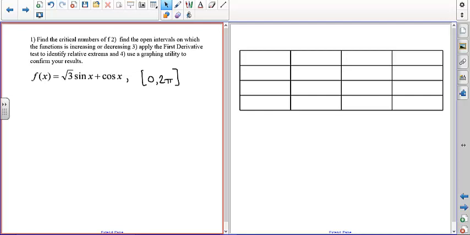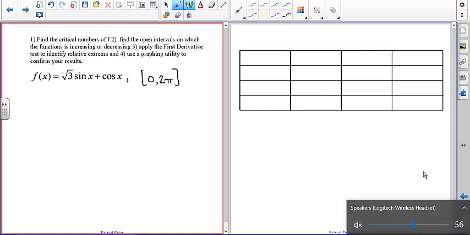So the first thing you do is to find the critical numbers, you take the first derivative. So the derivative of the sine is the cosine, and the derivative of the cosine is the sine, or negative the sine. So that's the first derivative.